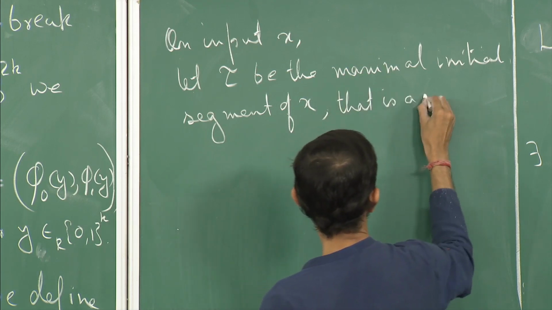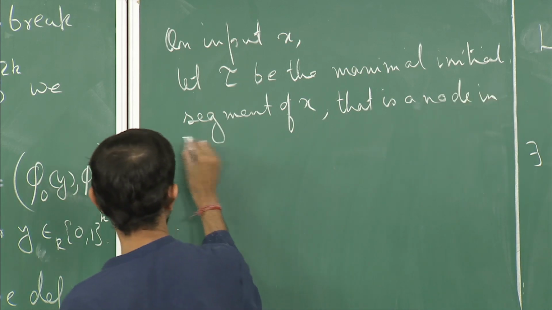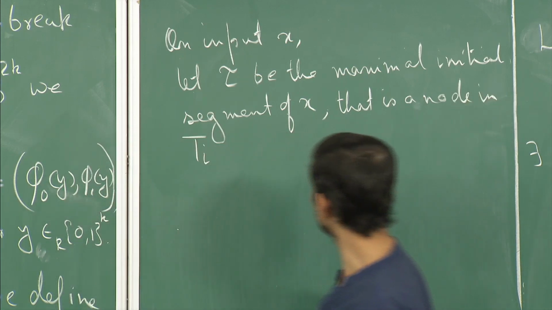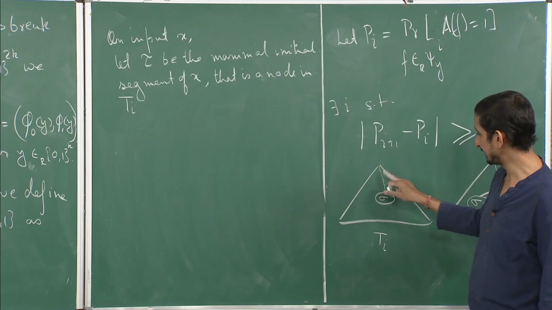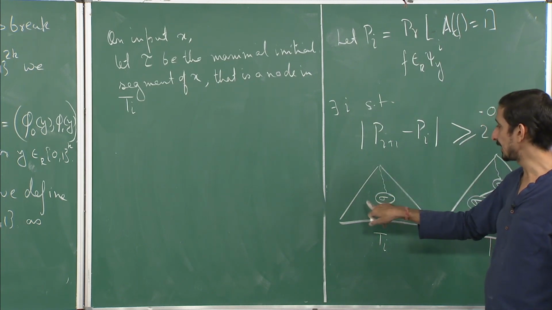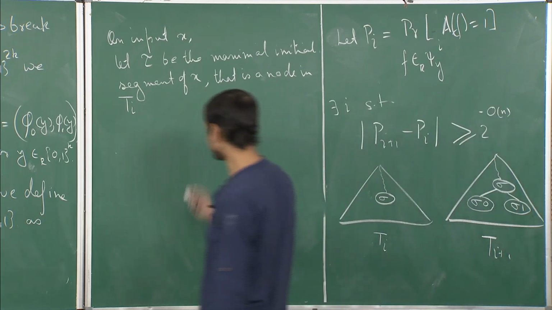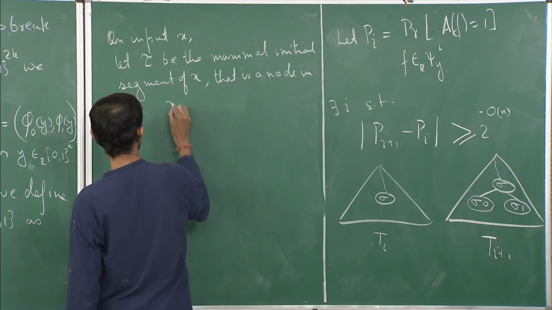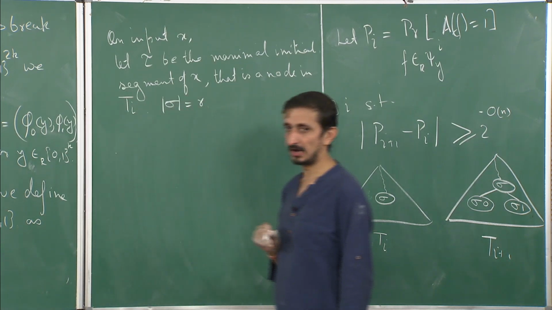That is a node in ti. Okay. So look at the path. If I just try to trace x, tau is basically the point till which I am able to stay inside ti. Okay. And let the length of tau be some r.